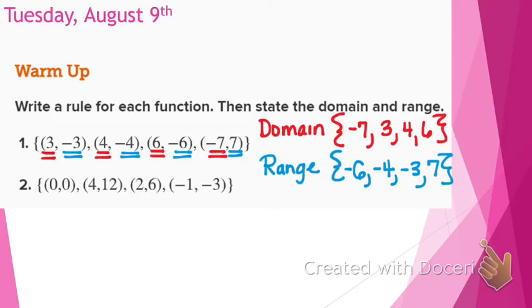Don't be shy. What number is it? -1. So my function rule is simply y equals -1x. The y value is equal to -1 times x. That's your function rule. All right, let's look at number 2.